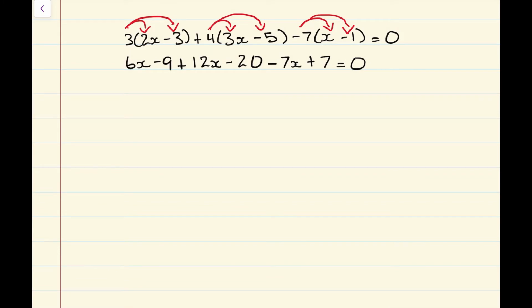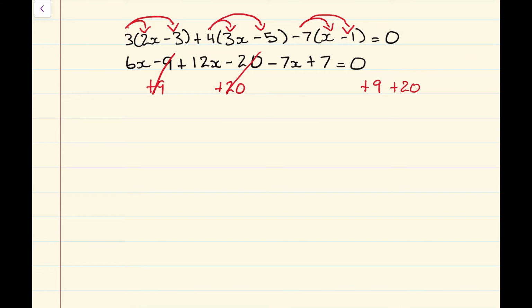Okay guys, so what we're going to do now is carry over the constants on the other side of the equal sign. So let's add 9 to both sides so that these two will cancel. And at the same time, let's add 20 to both sides. So these two will cancel.